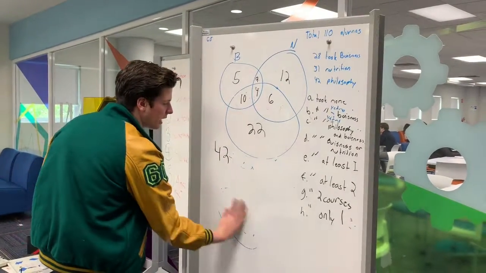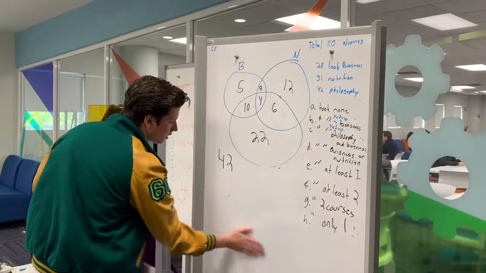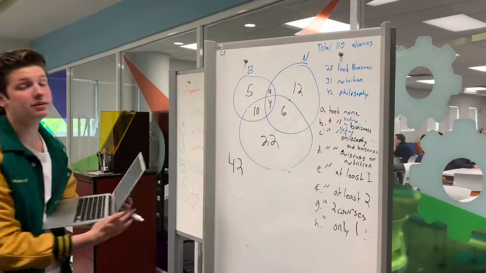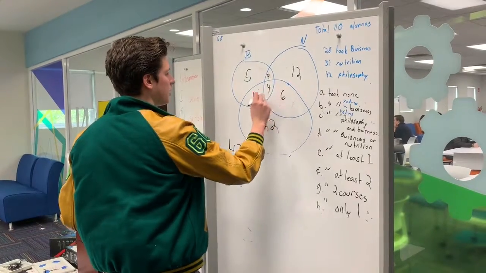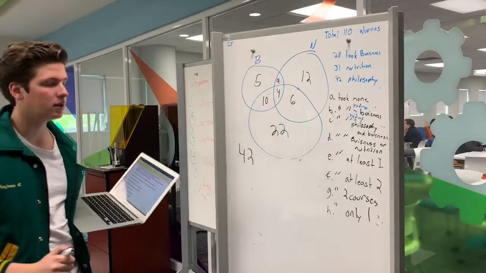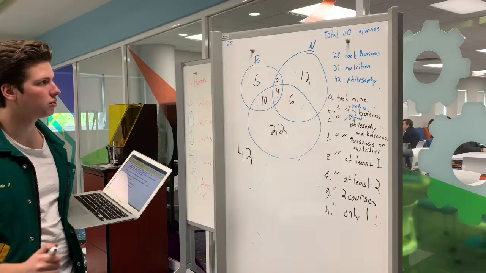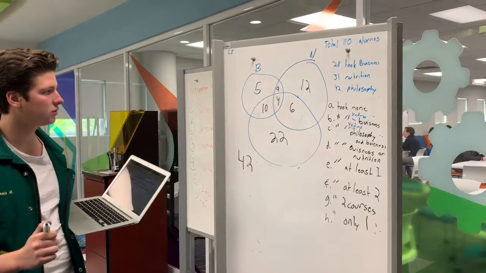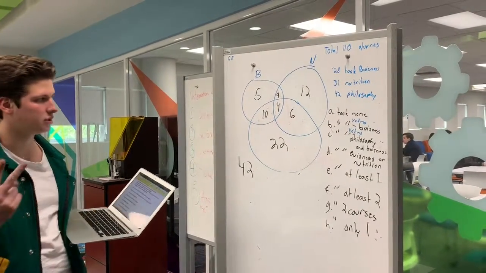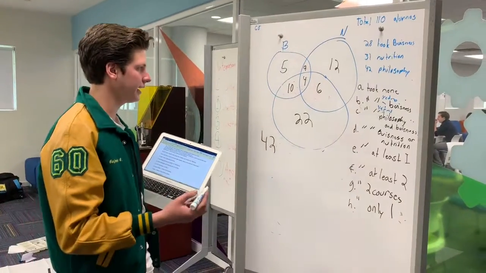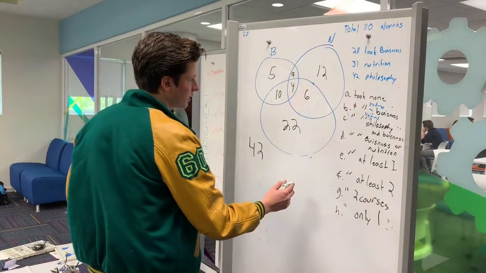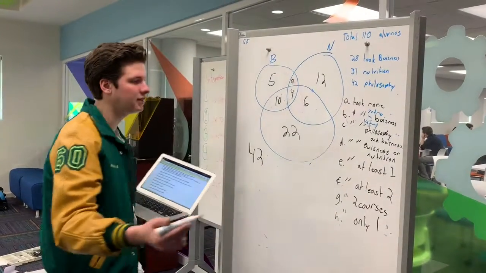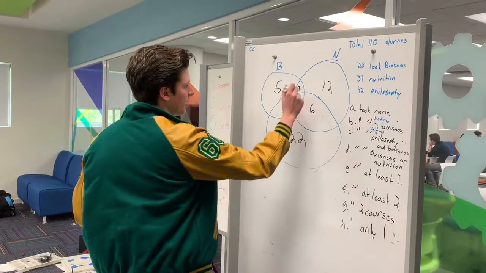Letter F is quite simple. Letter F is at least 2. So everyone here in the middle took a minimum of 2 courses. So we had them all, and at least 2. So we count 10, 4, 9, 6.